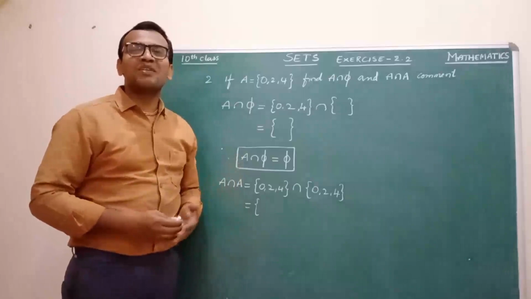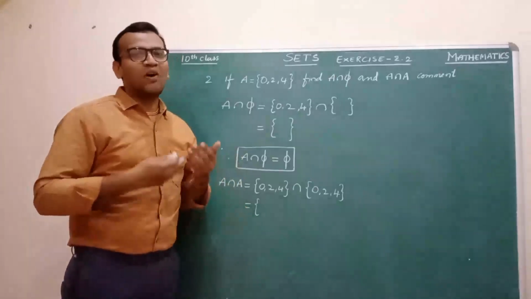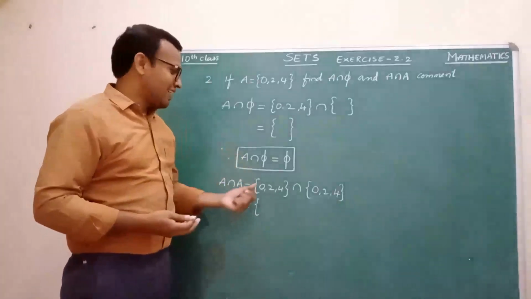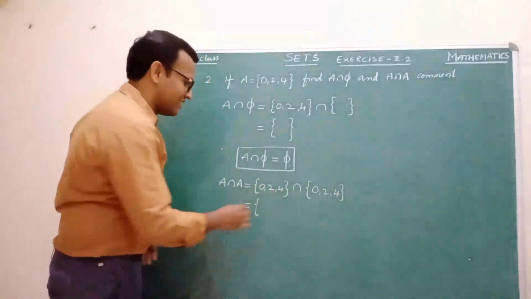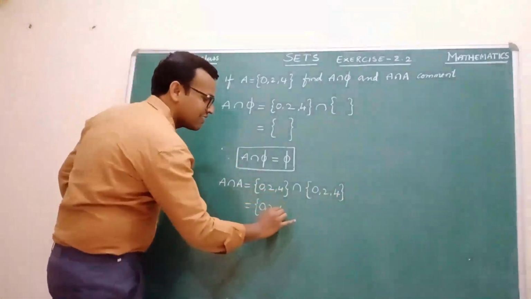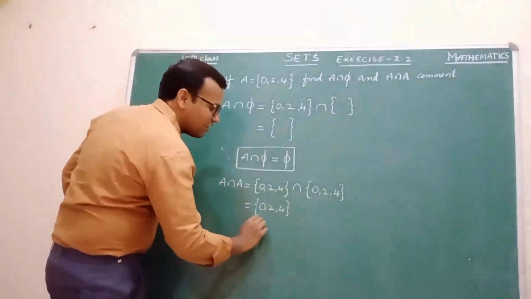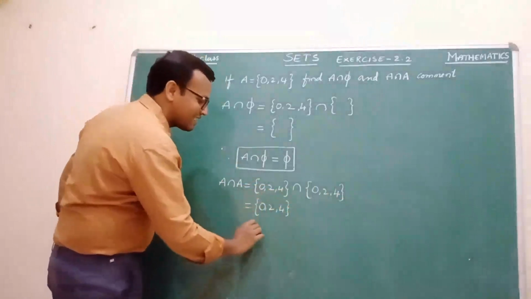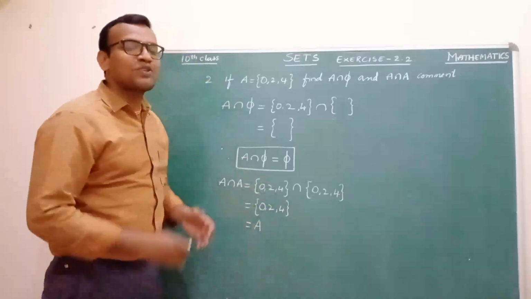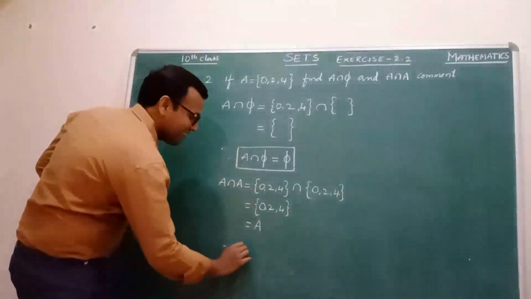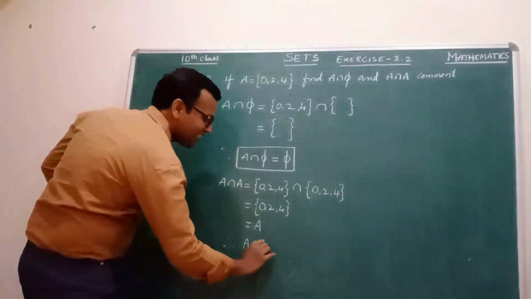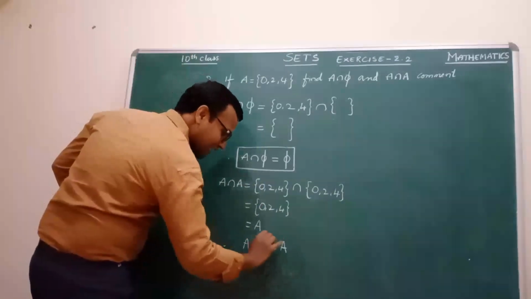It is quite natural, both are set A only, so all the elements will be common. 0, 2 and 4 are common, right? Now the set of 0, 2, 4 is nothing but A. So we can comment on this result like this. A intersection A is equal to A again.